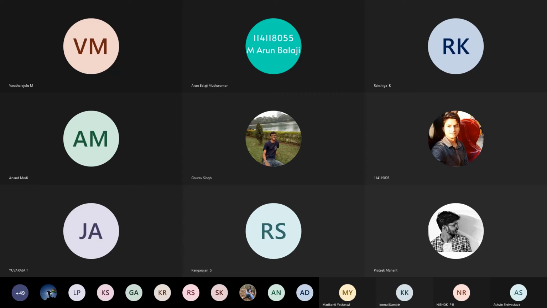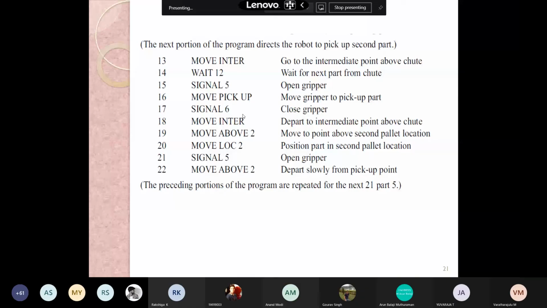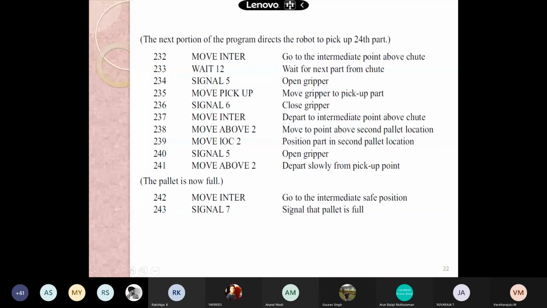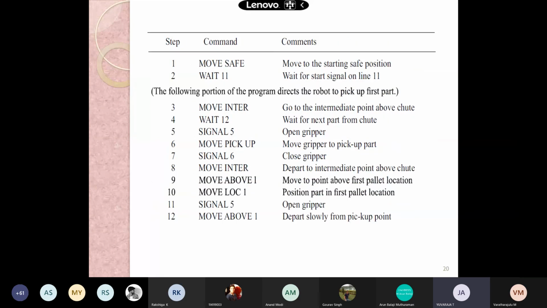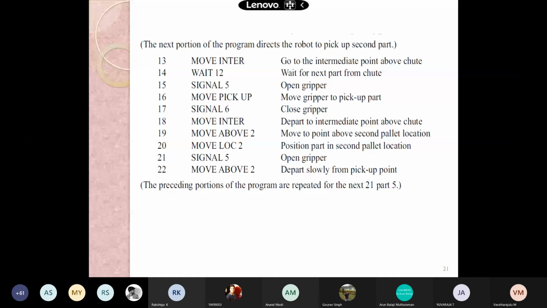I'll share the slides. Yes, sir, the next slide, I think. Yes, sir. Here, this is to pick up the 24th part, right? Yes. But then we are dealing with location 2.